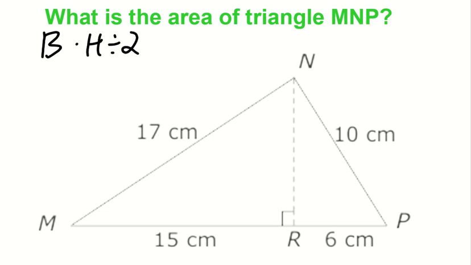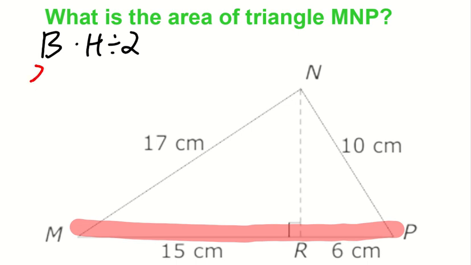All right, the base of the triangle is 21, all the way across. We got a 15, we got a 6, so that makes our base 21. Everybody go with that part. Do we have the height? No. We're missing the height. So to get the height, we have to do Pythagorean theorem, okay?